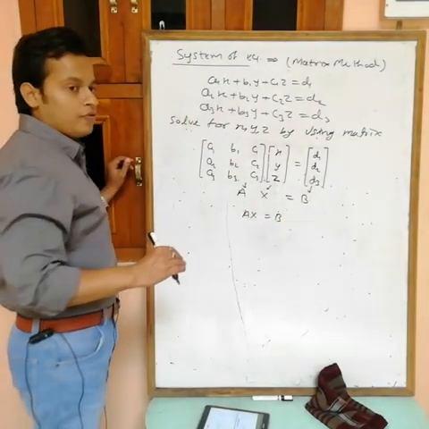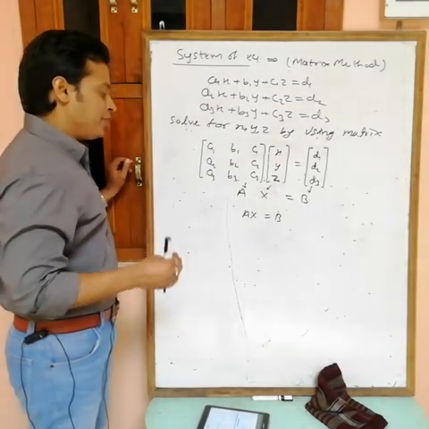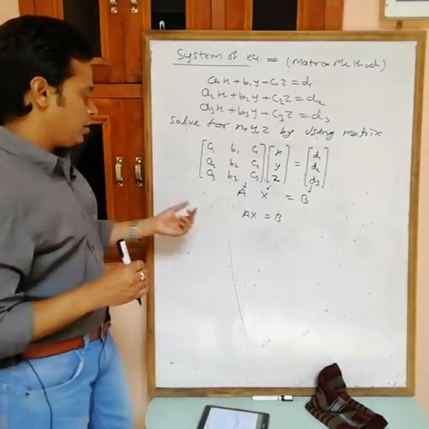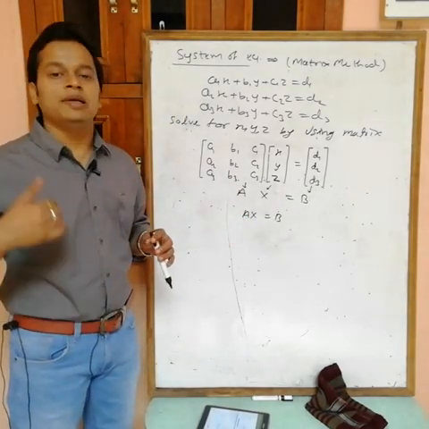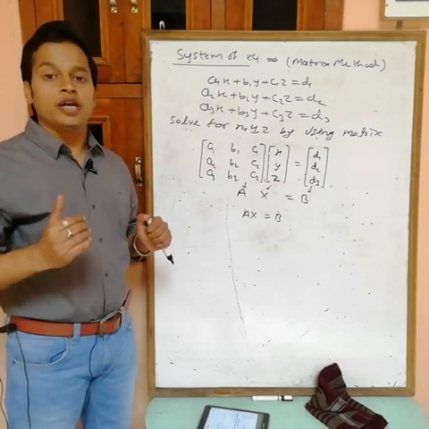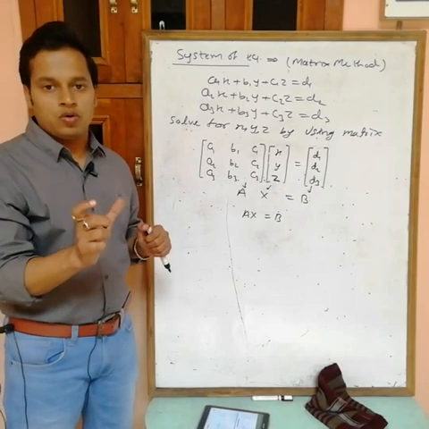So here we have AX equals B. Now what we want is the value of X, the variable matrix. How can we reduce this A? Simple: multiply with adjoint A, because adjoint A into A becomes det A into I, and det A is only a constant value.